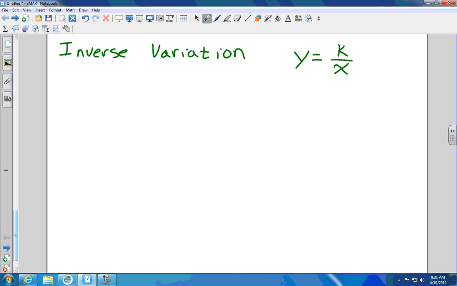So what would k equal? How would we solve for k? Take both sides times x. So k equals xy for that.